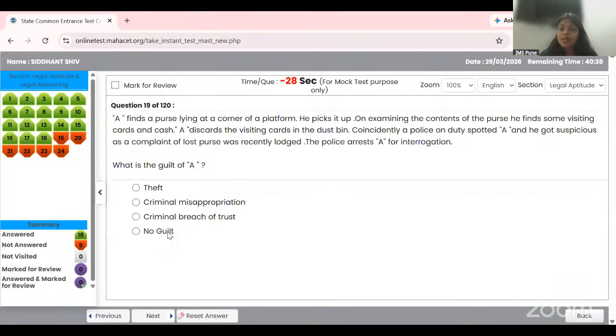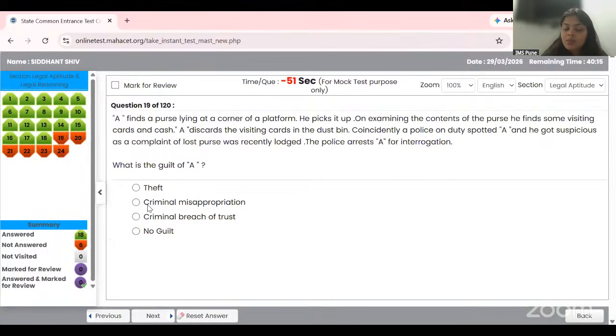So we have to understand the concepts. Here also you need to have basic meaning clear. You need to have a basic knowledge of all the concepts. First is theft. Theft is where you have done an act to take the movable property outside the possession. But here the purse was already lying. I have not taken it outside somebody's possession. So theft is not our answer.